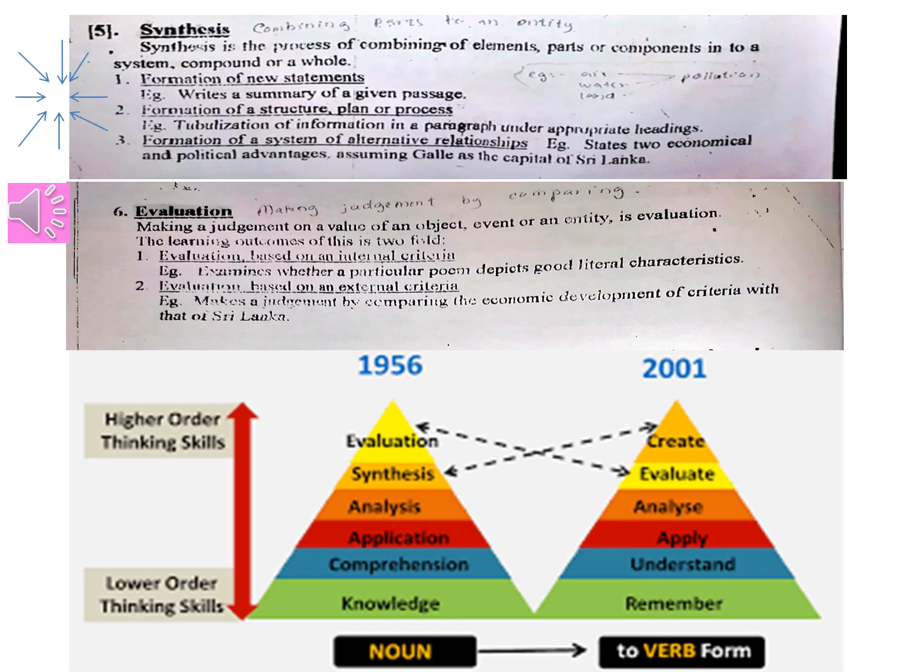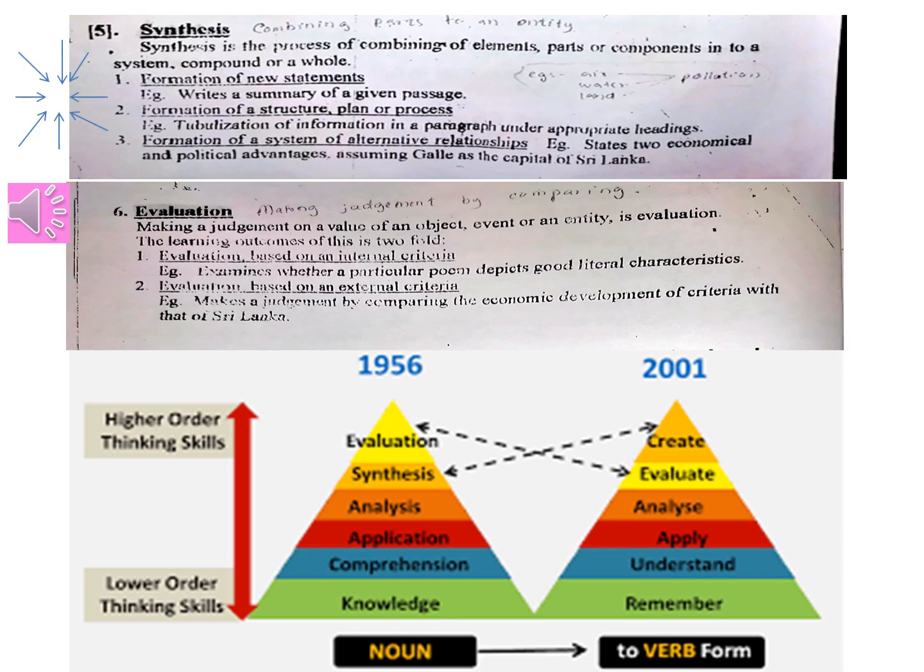There you are separating an entity into different parts. But in synthesis, you are combining. Here, writing a summary of a given passage means you read the passage and summarize it, combining the facts to make one unit. A summary is one unit.